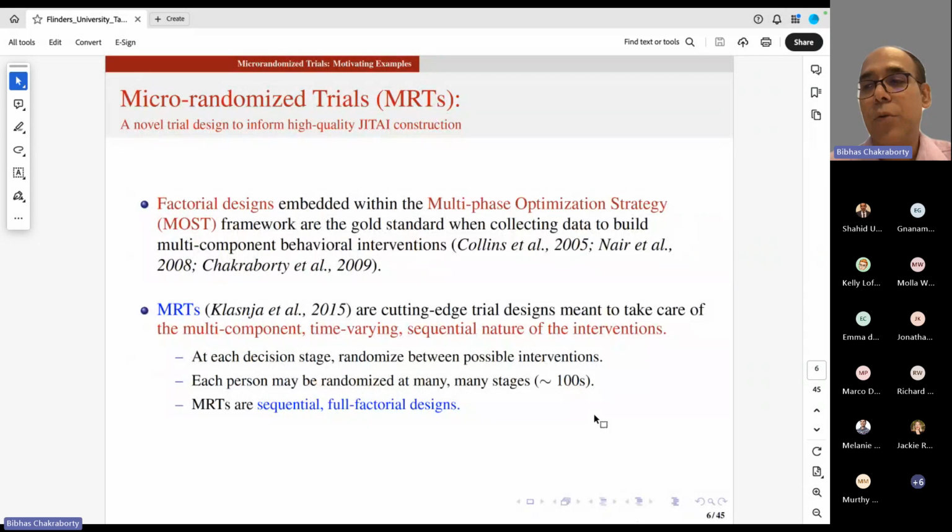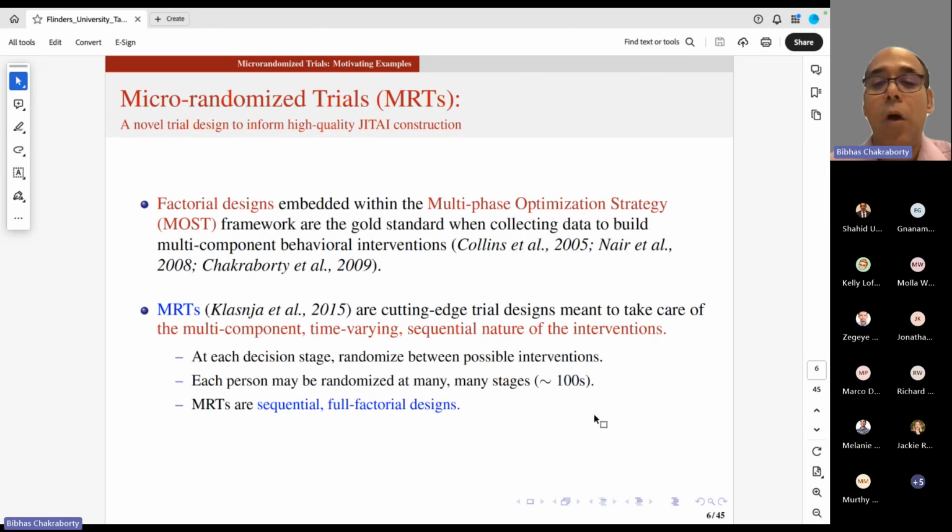So what is a micro-randomized trial? It is basically a trial designed to inform the development of these JITAIs, these new kinds of interventions. Now, many of you may be familiar with factorial designs, which are basically the gold standard when you have multi-component interventions, and are often quite popular in the behavioral sciences.